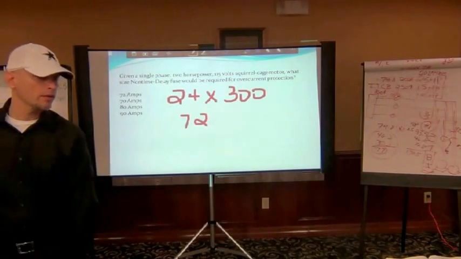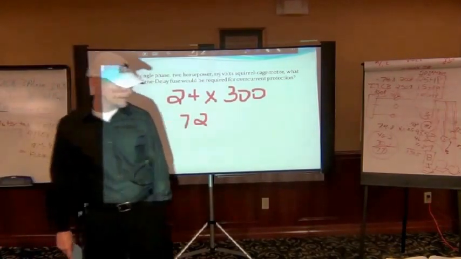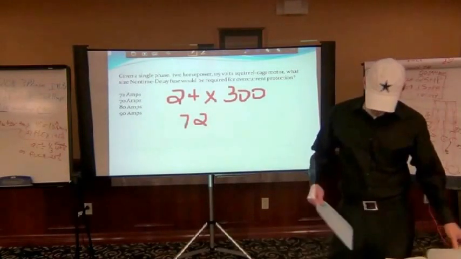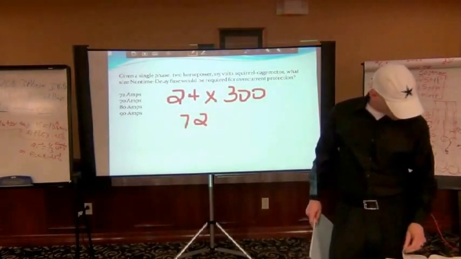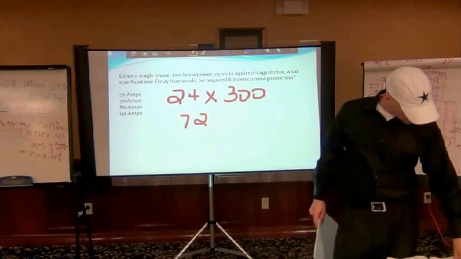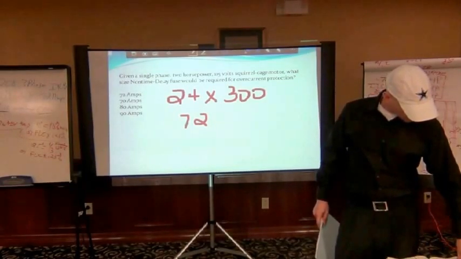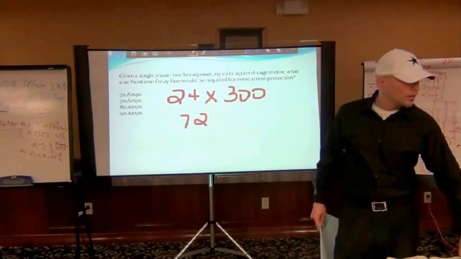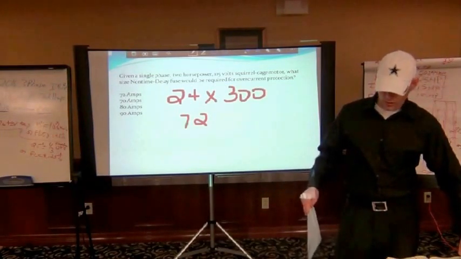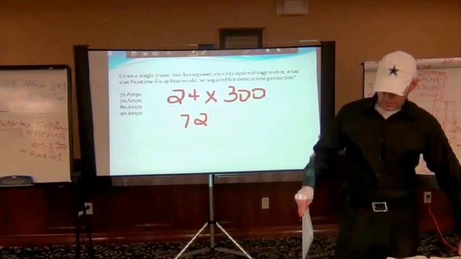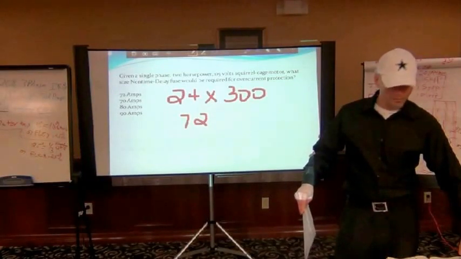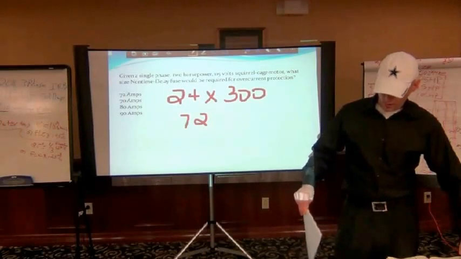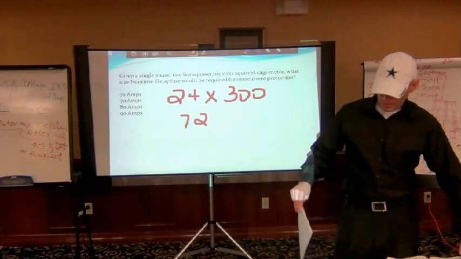It was 25 horsepower, 480 volt, so you'd be in the 460 column, which gives you 34. And 34 times 1.20 is 40.8. So 34, which is the largest FLA, times 1.2 is 40.8.